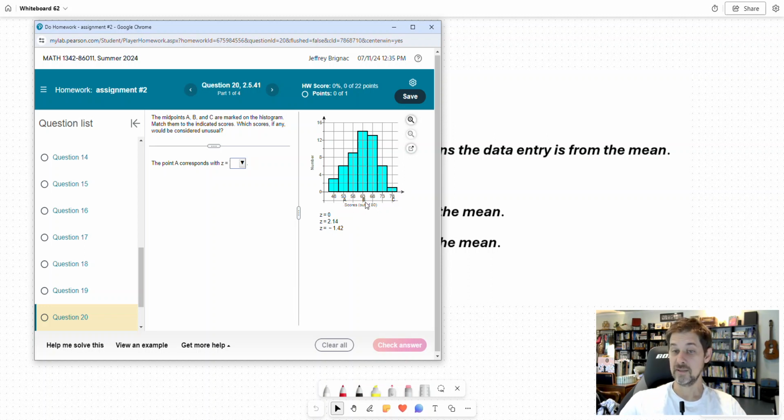Which point is the mean will have a z-score of 0. Which point is above the mean will have a z-score of 2.14, just because that's the only positive z-score given. And the one with a z-score of negative 1.42 is below the mean.